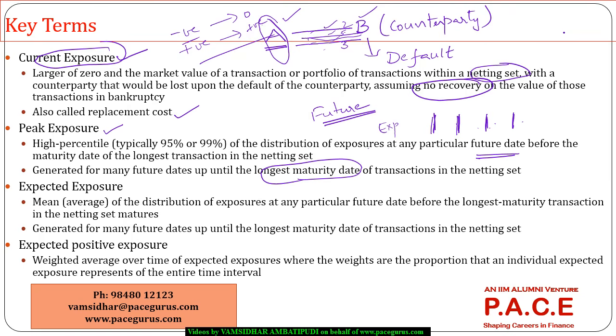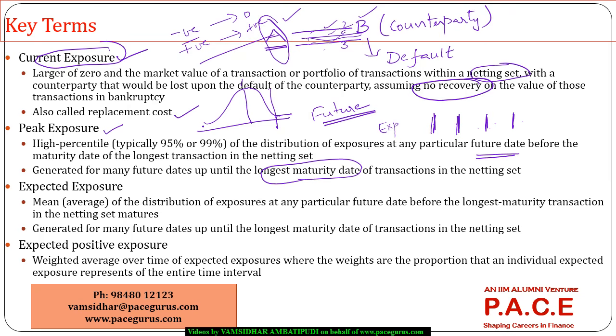Similarly, the next term that comes in here is the expected exposure. Now I have got the graph of the exposures. Now this is the 99%. So I am saying this is my peak exposure. But for the same exposures, I am trying to find the 50%, which is the mean, right? Which is the average of all those exposures.